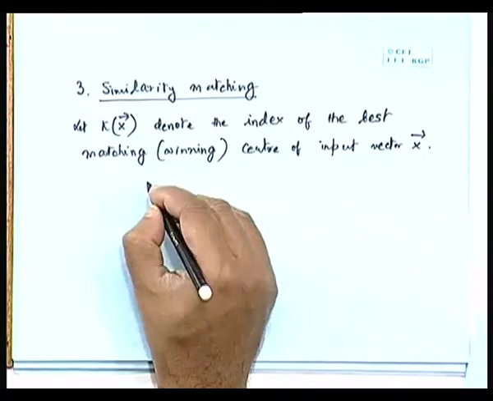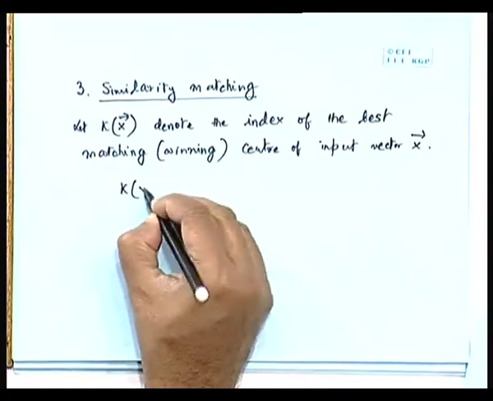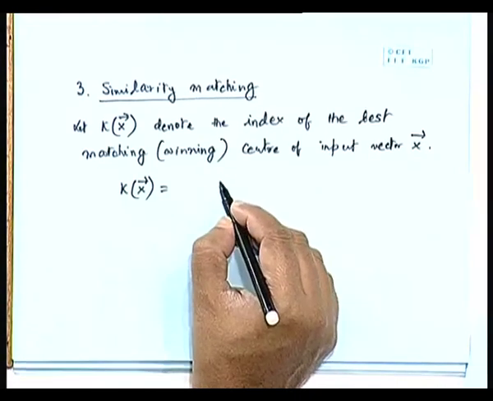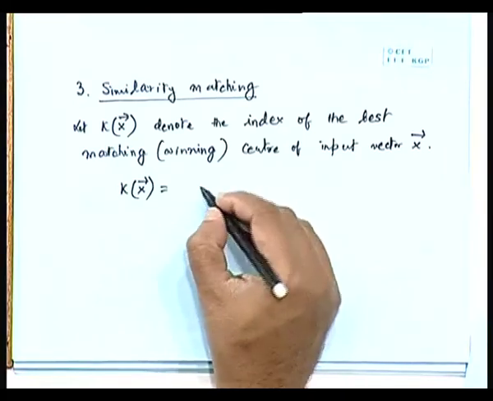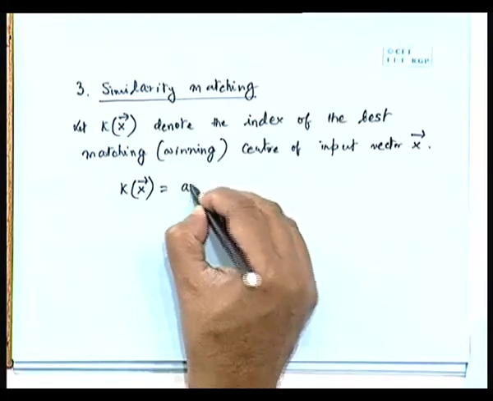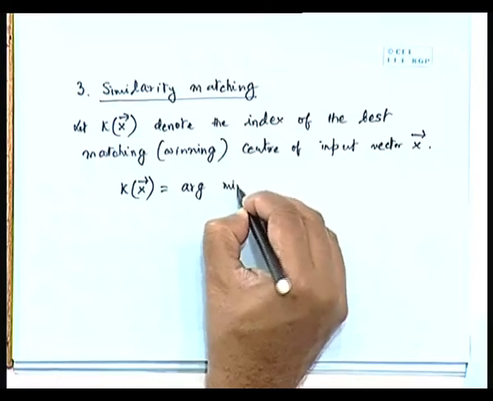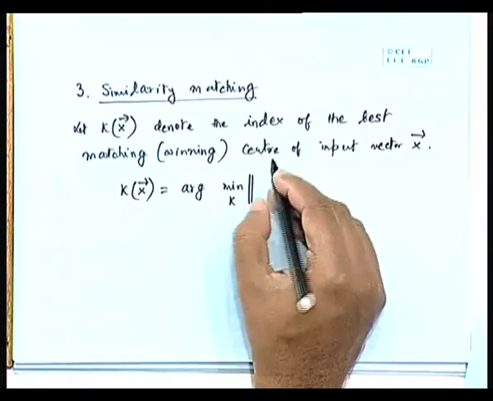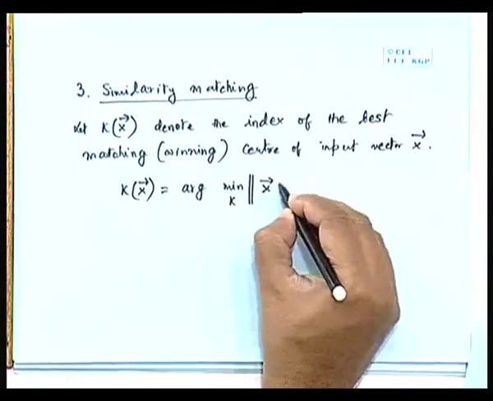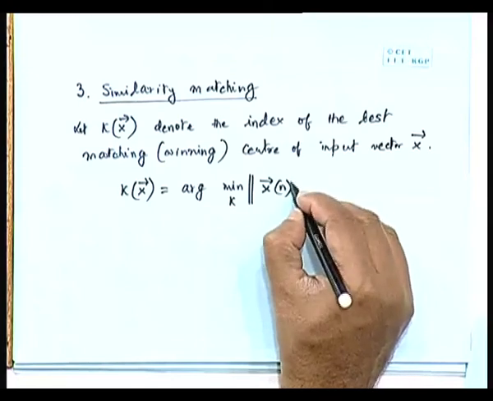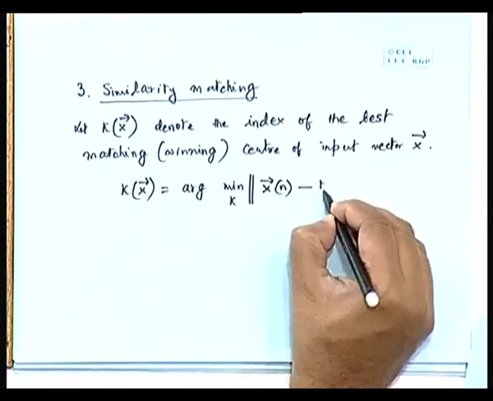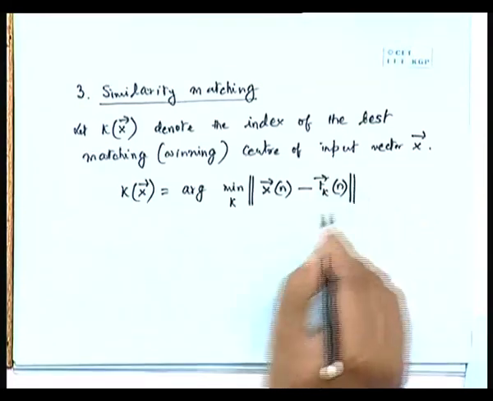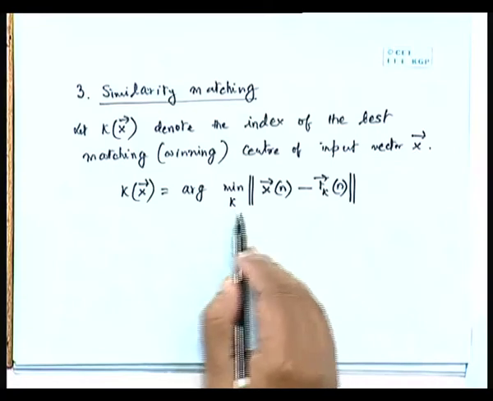Now, k(x) can be mathematically expressed as what? k(x) will be the argument of the minimum value, the minimum over k of the Euclidean distance between x(n) and its difference with tk(n), and this minimum we have to find out over k.